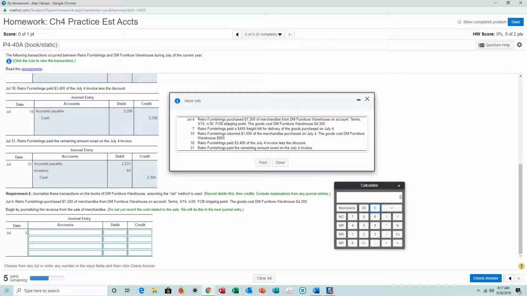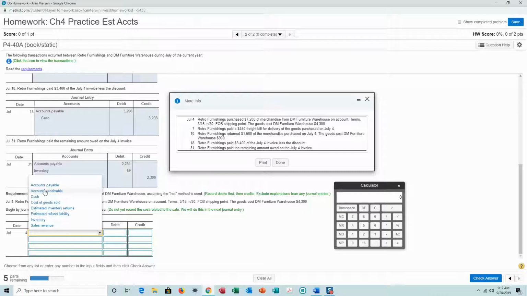Okay, so as we mentioned, when you're the seller and you make a sale, you have two transactions that you have to make journal entries for. The first one is the sales part of the transaction. So we're going to debit accounts receivable and credit sales revenue.